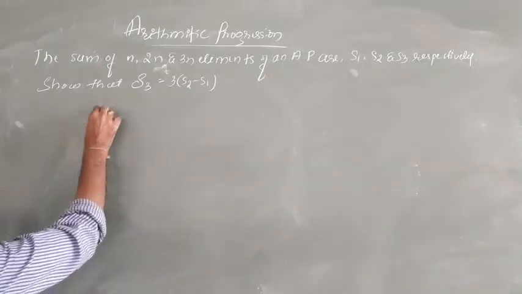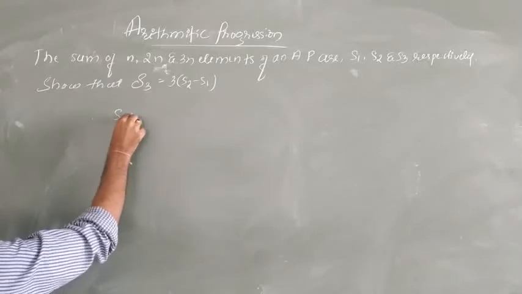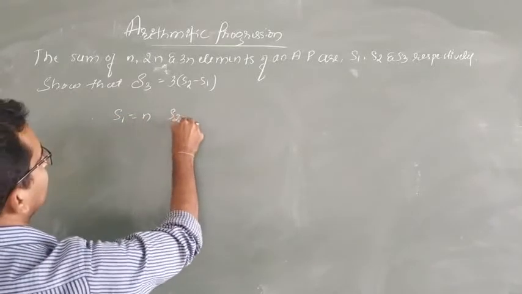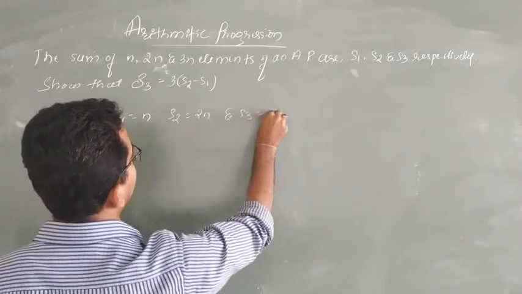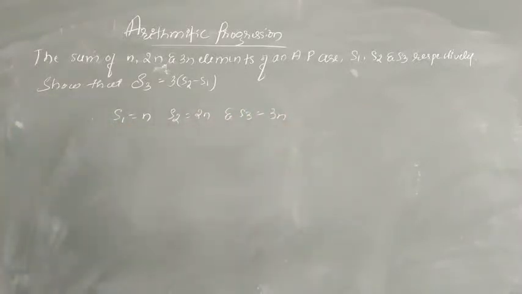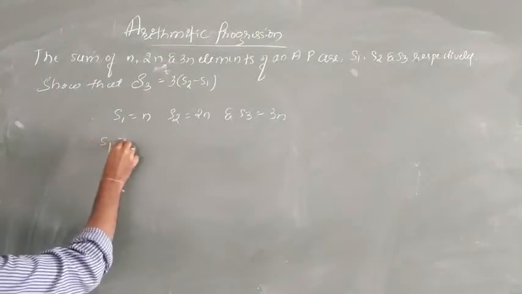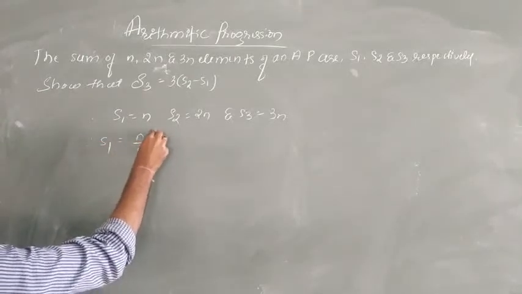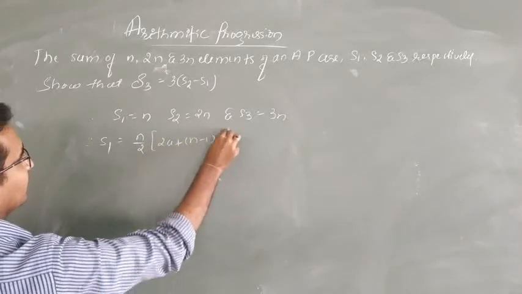So the sum of n, 2n, 3n elements is S1, S2, S3. S1 has n elements, S2 has 2n elements, and S3 has 3n elements. Therefore S1 is n by 2 into 2a plus n minus 1 into d.